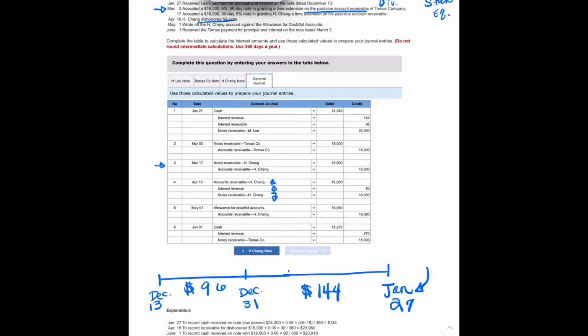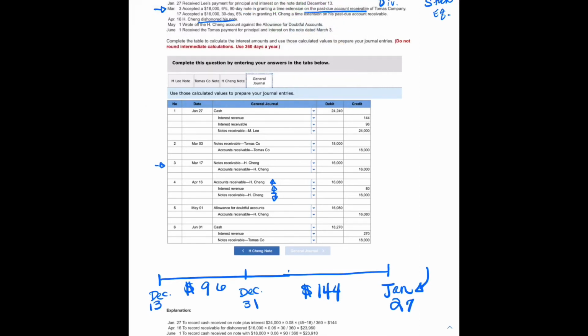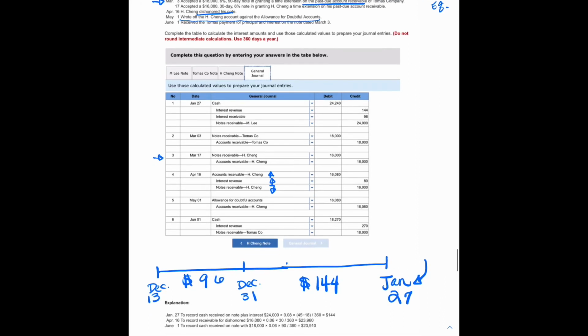So on May the 1st, what we see is that we have a write-off of his account against the allowance account. So in this case, what we're going to have to do is look at what amount was in that accounts receivable account. And it was this $16,080.